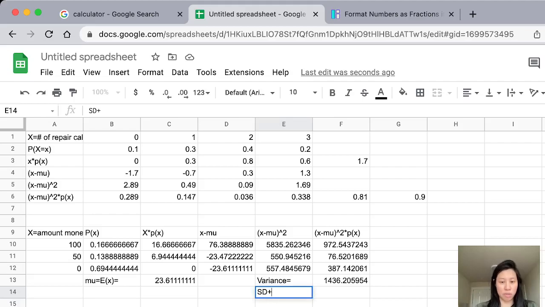For the standard deviation, we take the square root of the variance. So the standard deviation is 37.89, and then we round it to 2 decimals, so it should be 37.9. Okay, let me write that on the iPad.